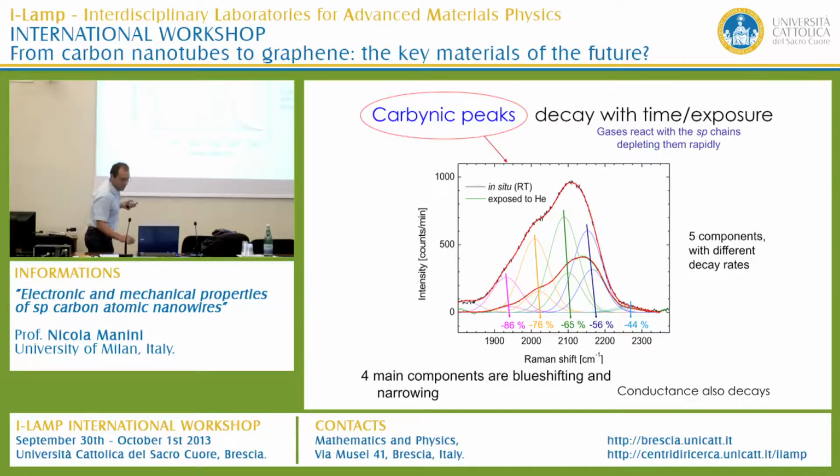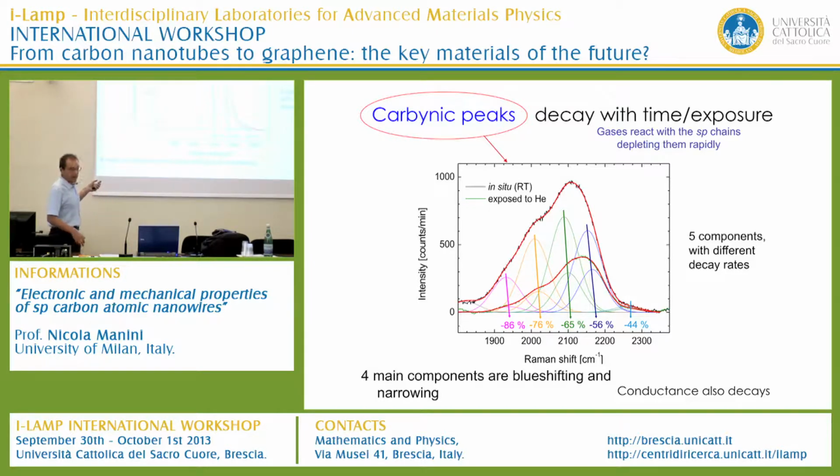In fact, all those components, when they are exposed to gas, tend to decay in intensity, and also to blue shift a little bit, and also get a little bit narrower. So apparently there must be some reaction going on with those carbon chains when exposed to gases.